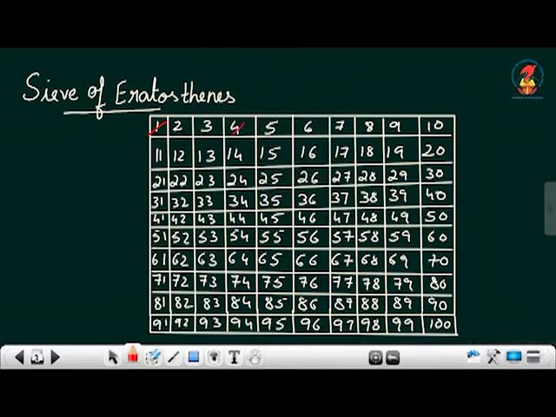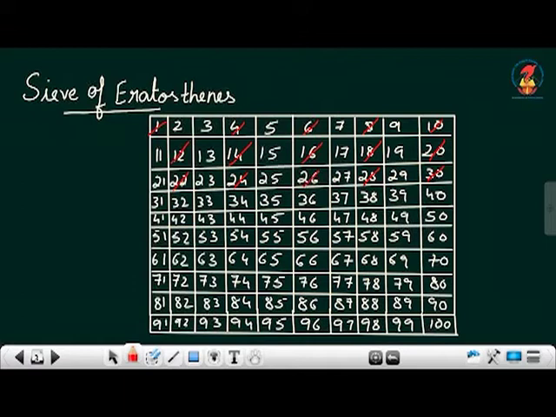Which are the multiples of 2? See, 2 2s are 4, 2 3s are 6, 2 4s are 8, 2 5s are 10, 2 6s are 12, 2 7s are 14, 2 8s are 16, 2 9s are 18, 2 10s are 20, all the multiples, that is skip count 2. 2 11s 22, 2 12s 24, 2 into 13 26, 2 into 14 28, 2 into 15 30.